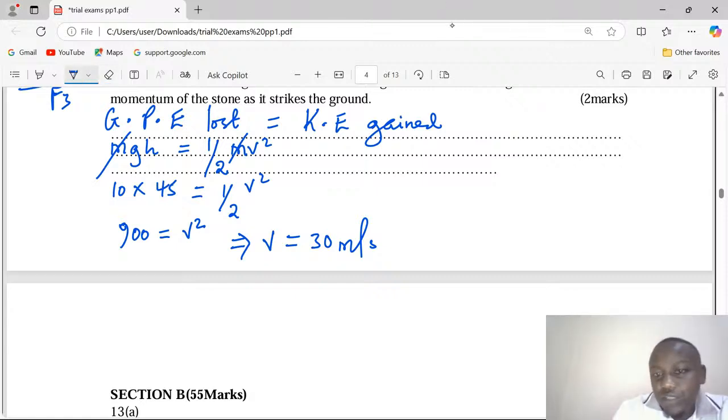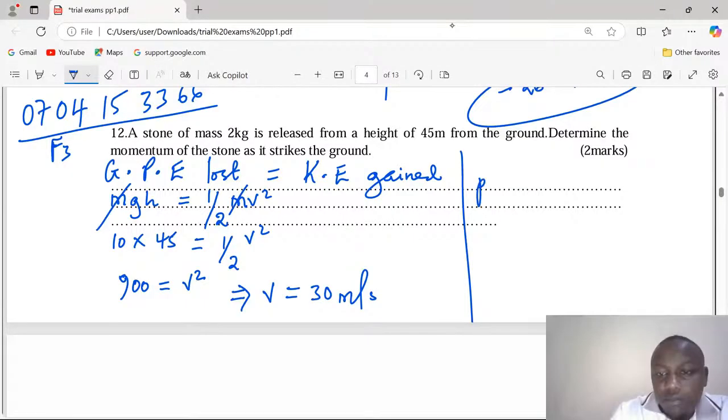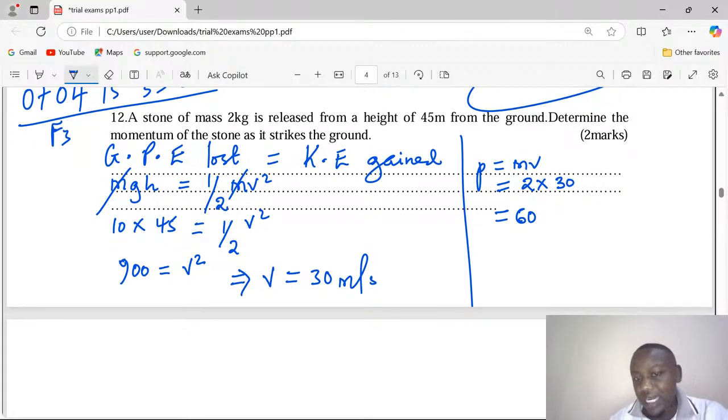Now with the velocity, we can say that momentum is given by mass times velocity. So a mass of 2 kg and a velocity of 30 gives us exactly 60. Now this is momentum. There are several units of momentum, but let's use the derived units.